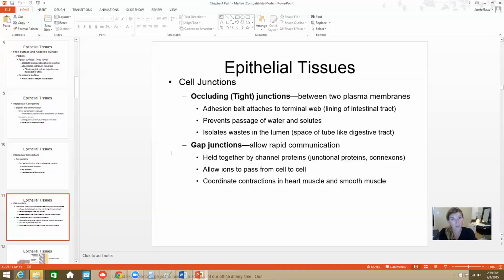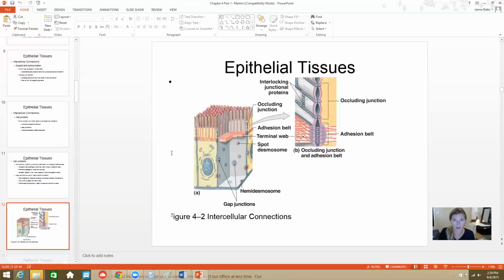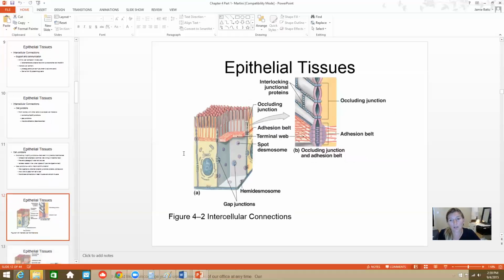And then there's gap junctions. Gap junctions are going to allow for an exchange of materials in between cells, and it's usually ions to propagate some type of cell-to-cell communication. So these cells are connected to each other, and then there's little holes in between them that's going to allow little messages to pass right on in between, sending signals, coordinating contractions, etc. So here's what you can kind of picture for these gap junctions.